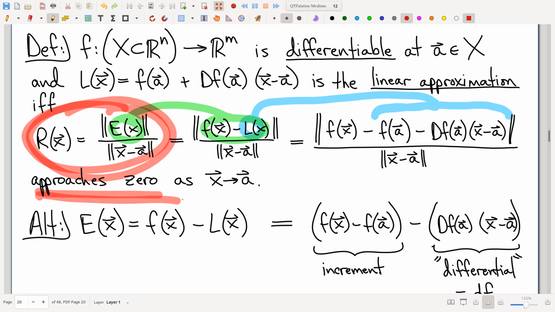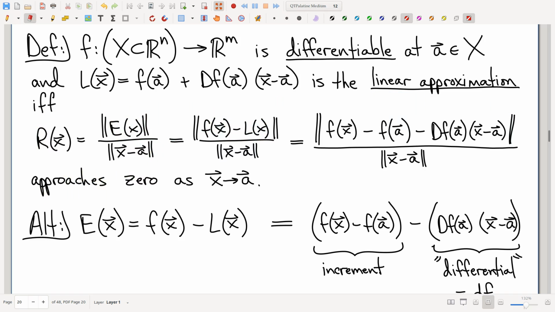So that's why we use this as a definition of differentiability, and differentiability is synonymous with the linear approximation being a good linear approximation. It's because this says vanishing relative error.